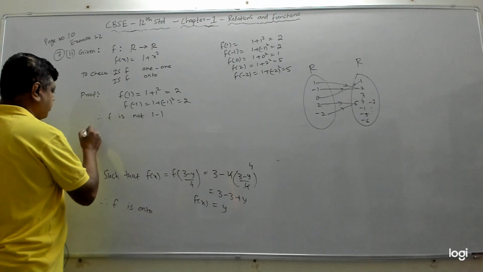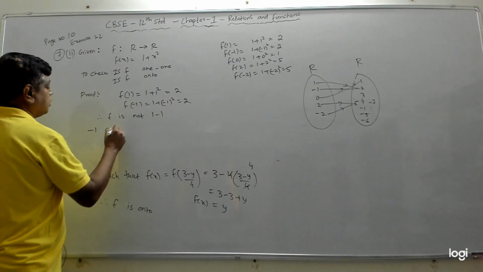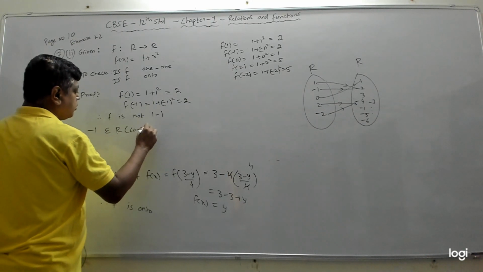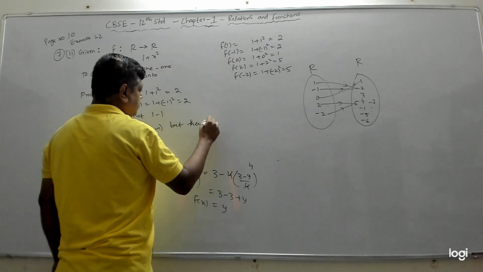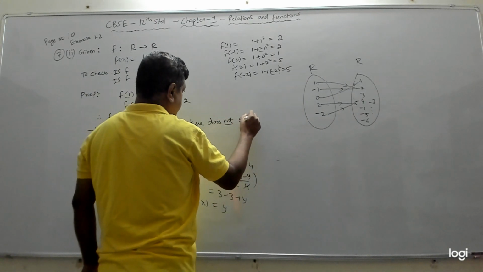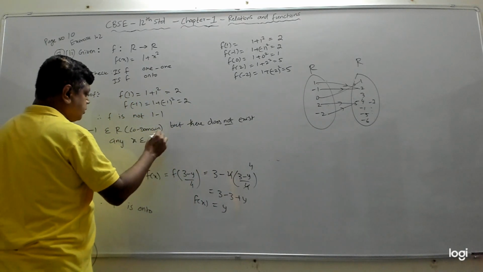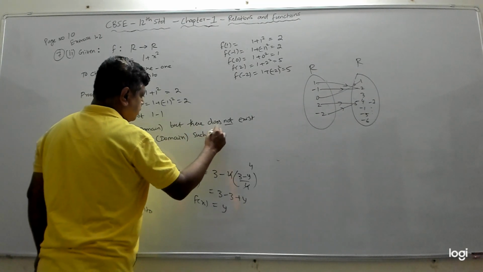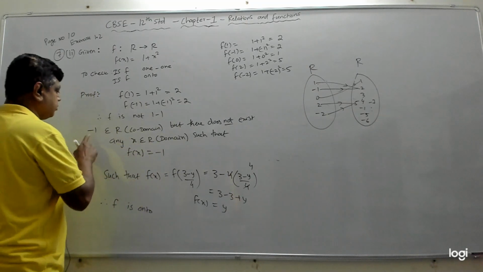So we can say minus 1 belongs to R, which is the codomain, but there does not exist any x belonging to R, which is the domain, such that f of x equals minus 1.